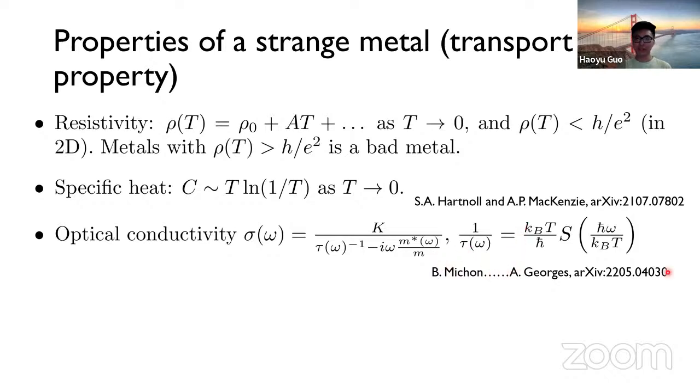For strange metal, it is conjectured that this decay rate 1/tau should satisfy the following scaling form in terms of temperature and frequency. It should scale linearly with temperature, and the frequency dependence should satisfy an omega over T scaling.